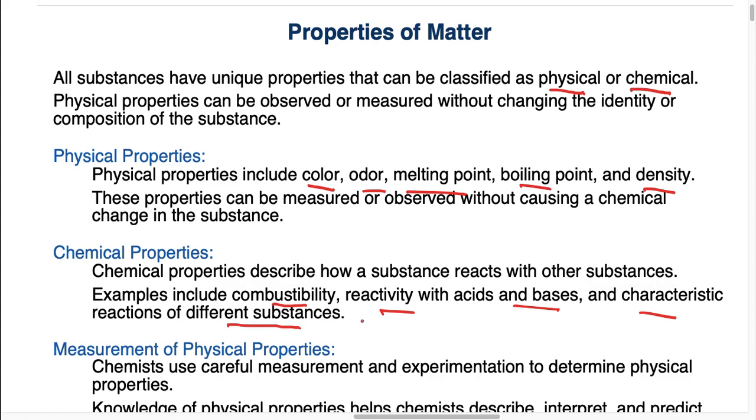So these are the examples of chemical properties, whereas the physical properties are color, odor, melting point, boiling point, and density.